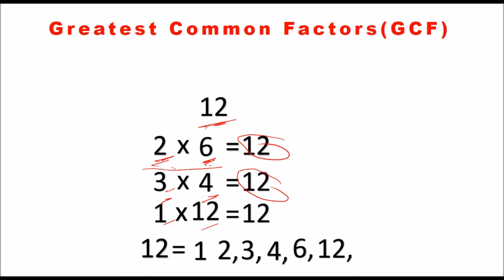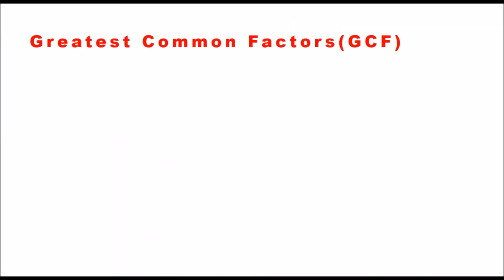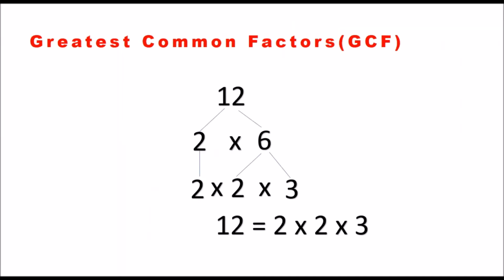The prime factors of 12 are 2 times 2 times 3, which give us 12. That was a previous concept of factorization.